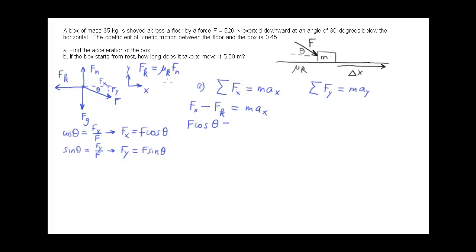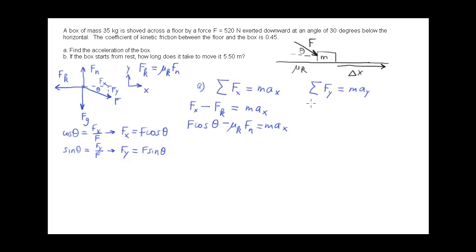F sub k, what I wrote down earlier, was mu sub k times the normal force, and on the right, m a sub x. Now we're trying to find the acceleration, which is the acceleration in the x direction. So in this equation, we've got that on the right-hand side. We know the mass, we know the coefficient of friction, we know the angle, we know F, but we don't know the normal force. So we can't solve the problem just yet, which reminds us to go over to the equation for Newton's second law in the y direction.